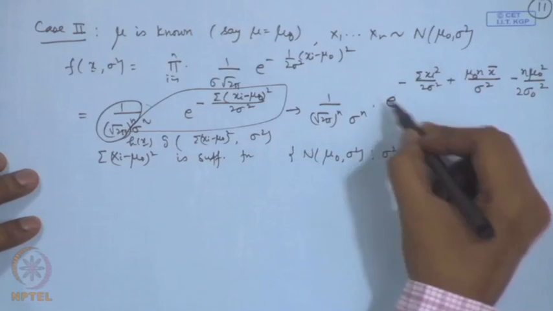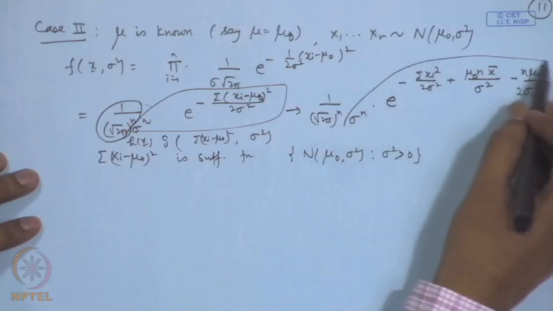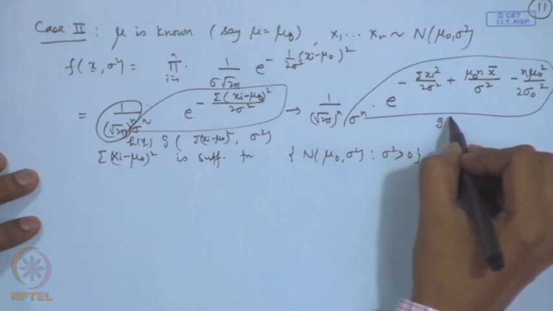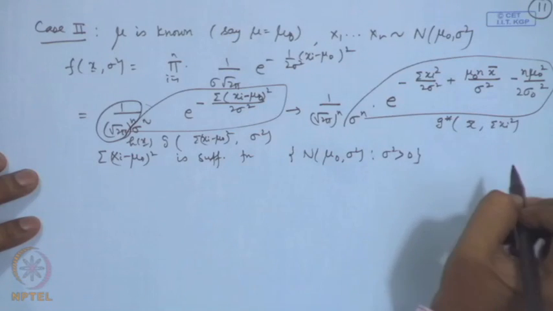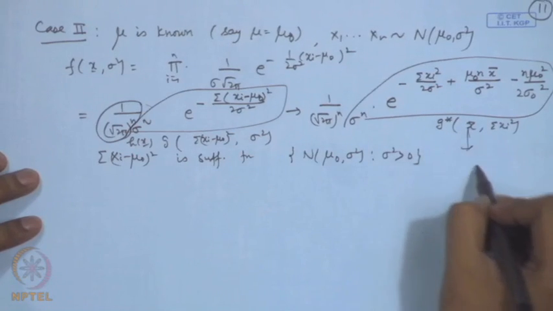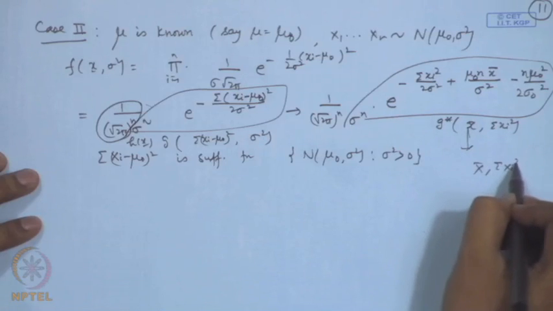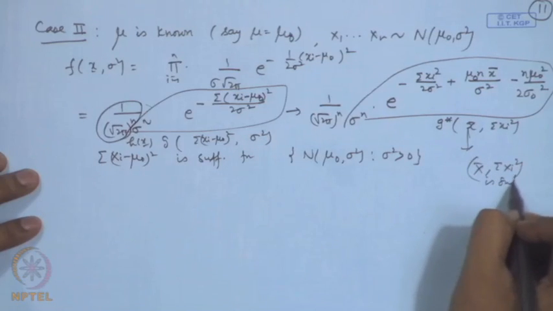If you look at this breakup, then I can consider this as a function of x bar and sigma xi square. So, we can also conclude that x bar and sigma xi square is sufficient, which is of course true here.